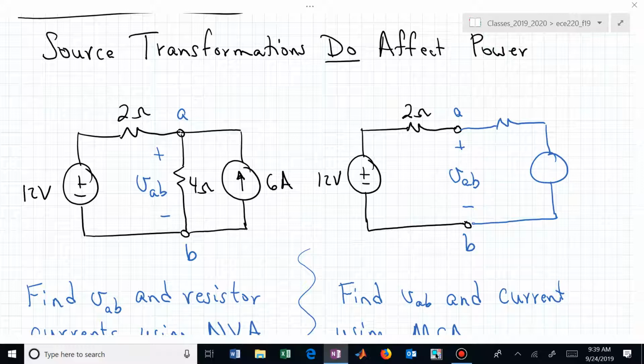If we are now trying to change this into a Thevenin equivalent, how do we deal with the resistors?